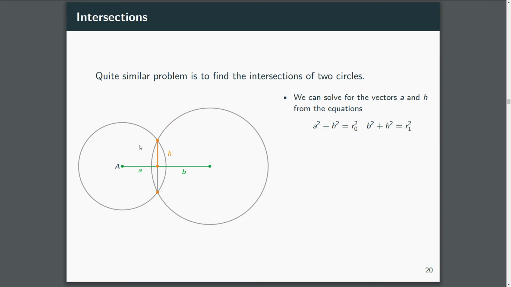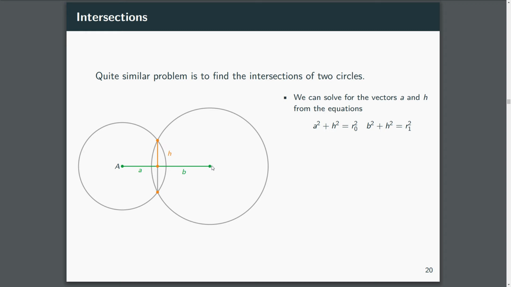Okay, so if we split this into vectors a and b here, and then we need the height h up to the point that they intersect at. We can solve for a and h from these equations. We have the equation that a squared plus h squared is equal to the radius of A squared.